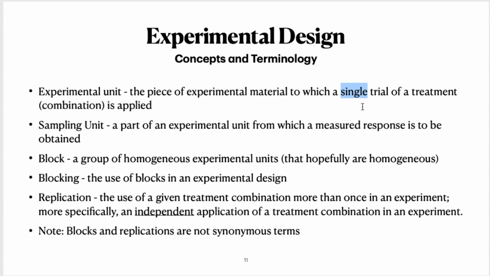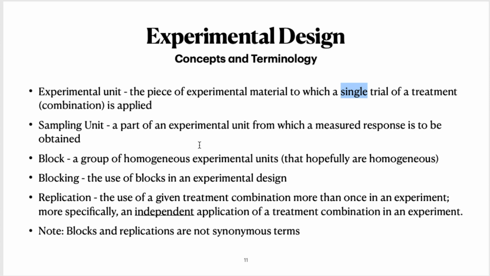Now, a block is a group of experimental units that are hopefully homogeneous. The whole purpose for blocking would be to get a group of experimental units that are in fact homogeneous. But we'll talk about situations where researchers construct or define blocks, but they're really not defined in a way that would make the experimental units within the block as homogeneous as possible.